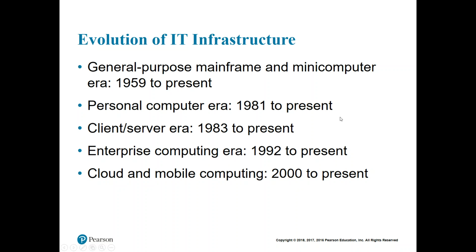So, how IT infrastructure has evolved over time. If you've been keeping up with me and some of my posts during the class, I talk about what the mainframe systems used to be.